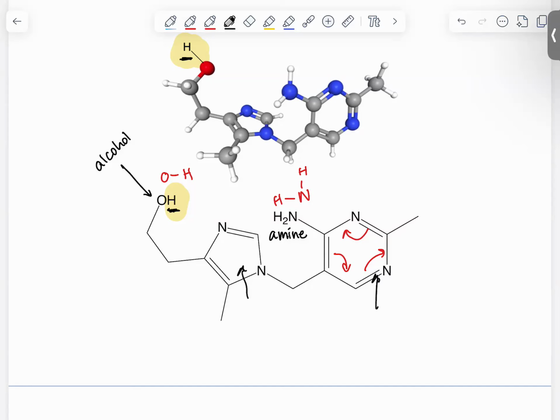Okay, other questions? If you write the H as the connecting bit, that would be wrong because that's implying that the hydrogen is the connector. Hydrogens should always be terminal because they are only making one bond.